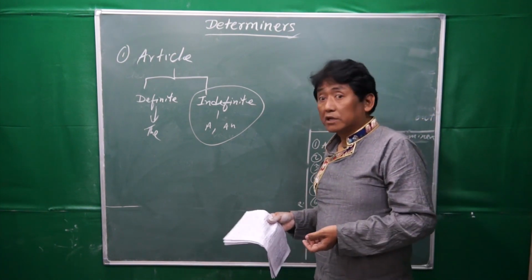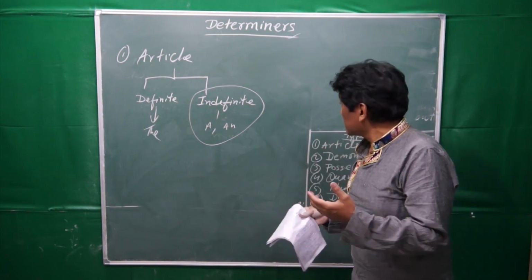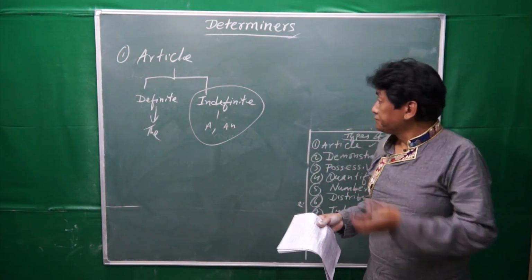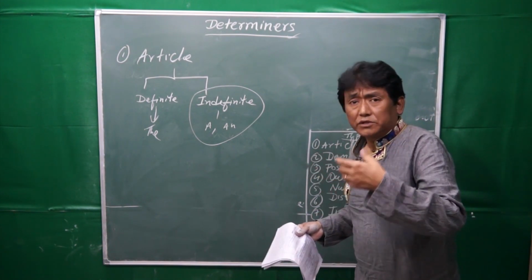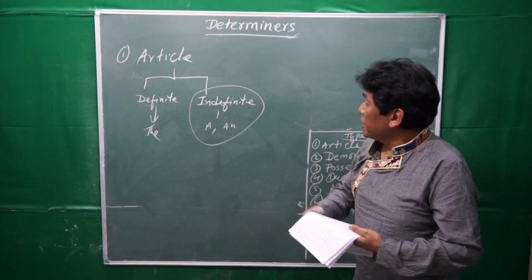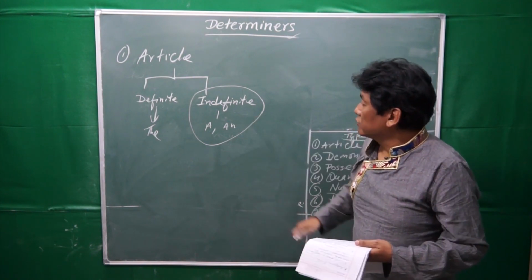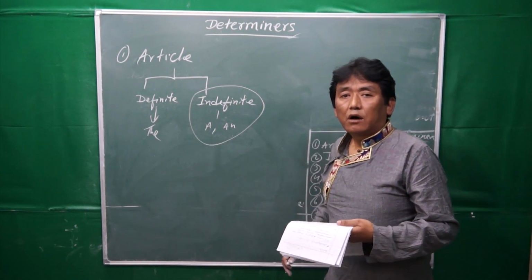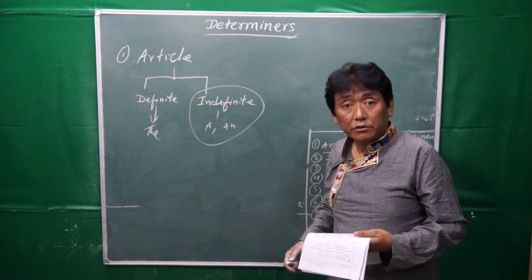We cannot say 1 milk, or 2 waters, because they are not countable. Of course we can say 1 glass of water, 2 glasses of water, but those are glasses we are counting, not water. So, remember that when we are talking about indefinite article, we're talking about countable noun. That also singular, because a and an means singular, right?